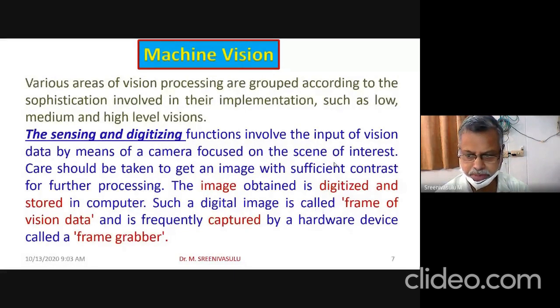Frame is something like the general word photo frame. The digitized data pertaining to the image is referred to by another term, frame of vision data. The device used to capture that information is referred to as a frame grabber. It grabs the frame.